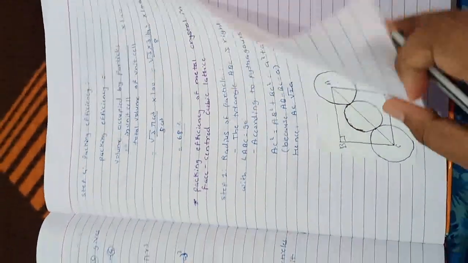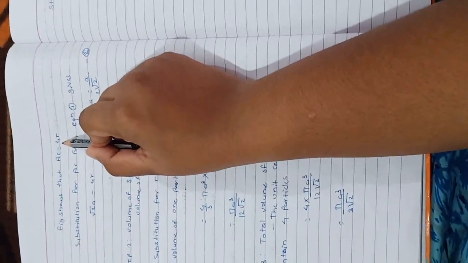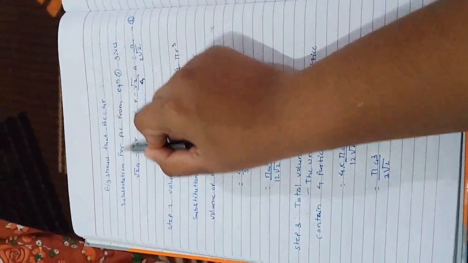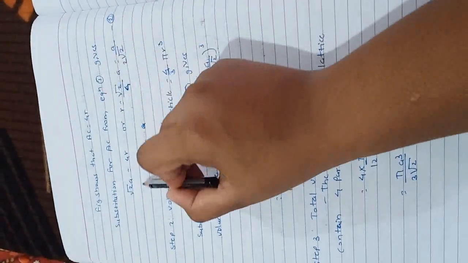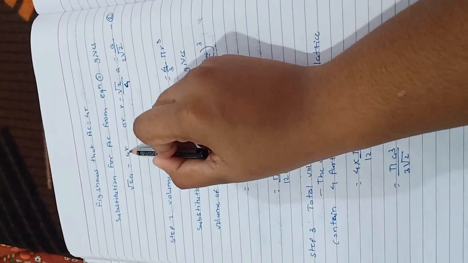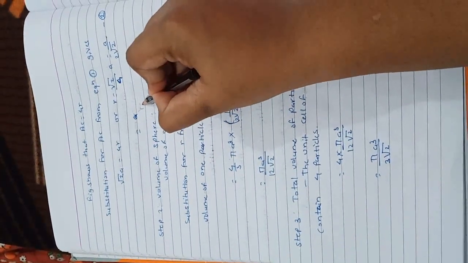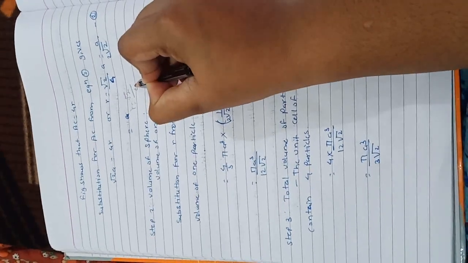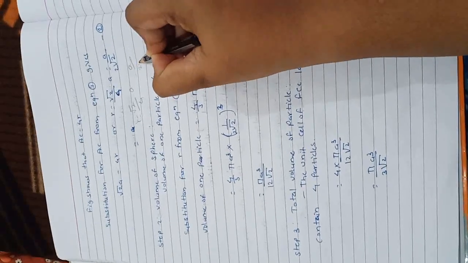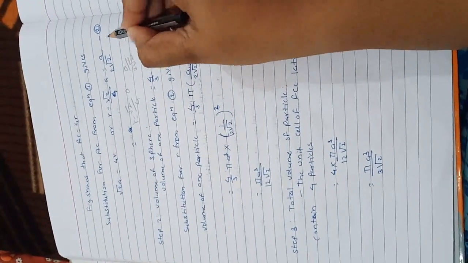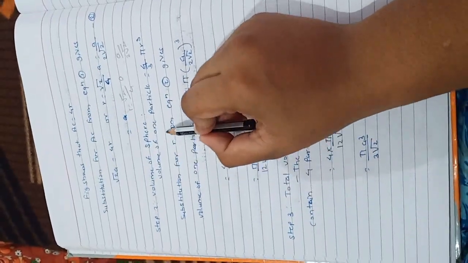Hence AC equals root 2 a. Equation 1. The figure shows that AC equals 4r. Substitution for AC from equation 1 gives root 2 a equals 4r, or r equals root 2 upon 4 into a, so a upon 2 root 2. Equation 2.